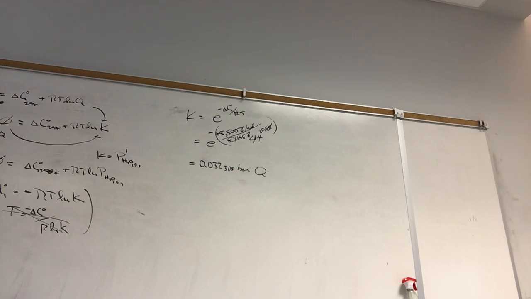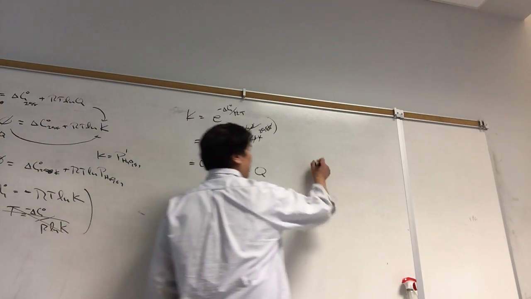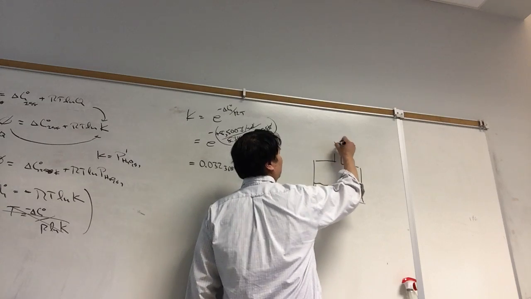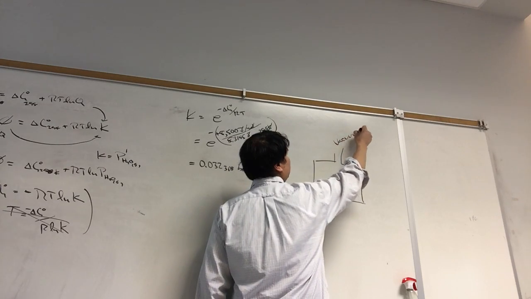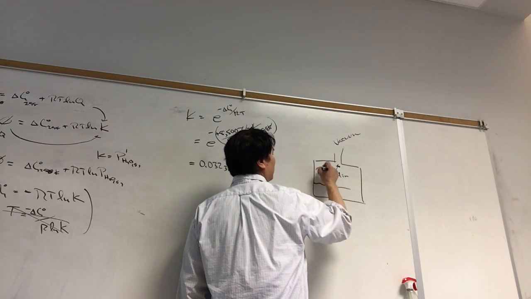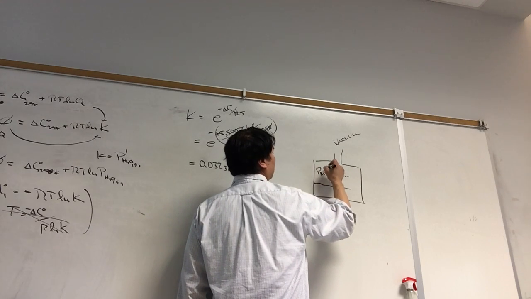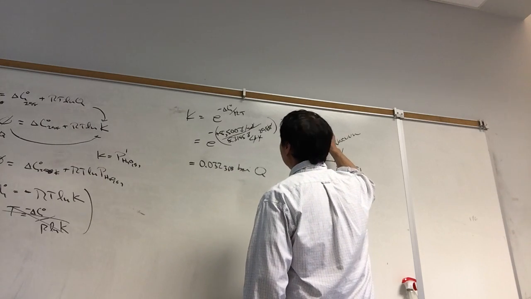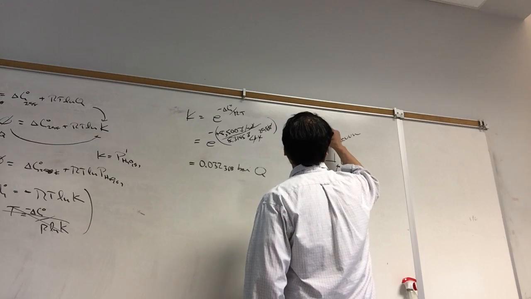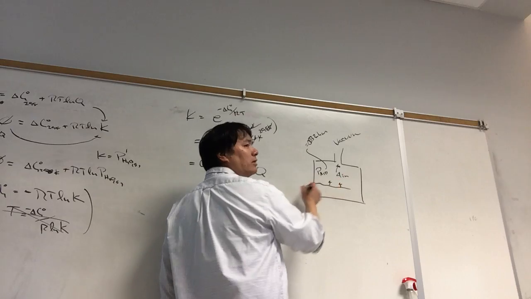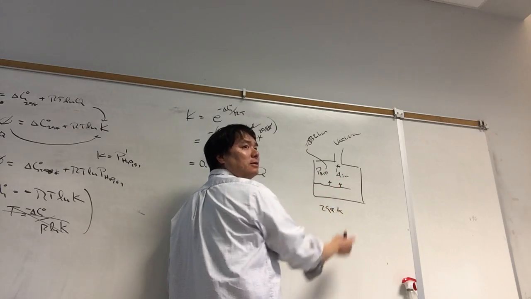If we could suck the air out using a vacuum pump, and we get the pressure of the air in here equal to 0.032 bars, then what's going to happen? Then the water will spontaneously boil at 298 Kelvin. Does that make sense? That's cool.